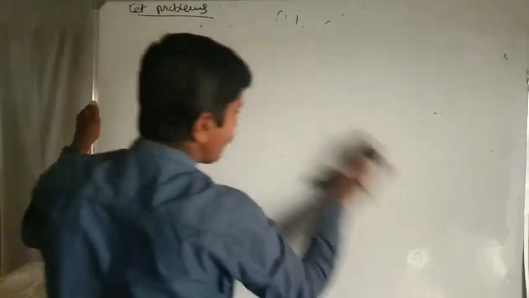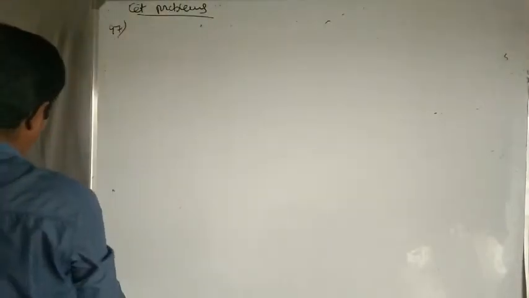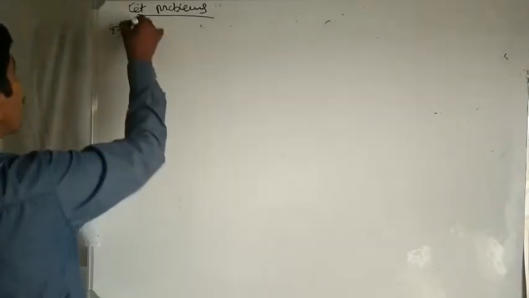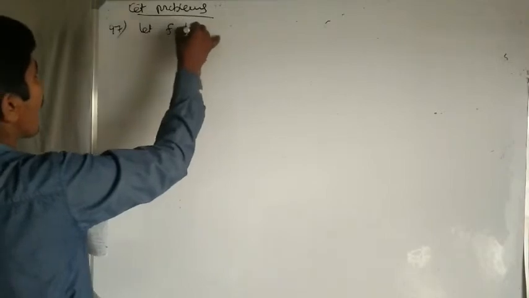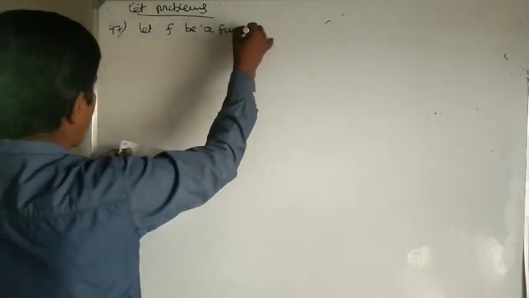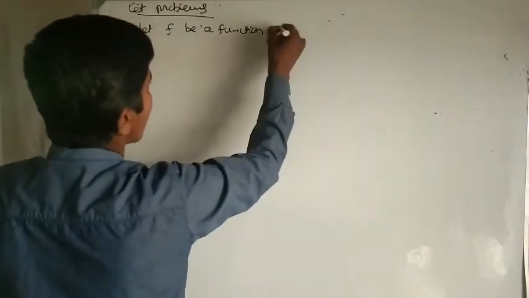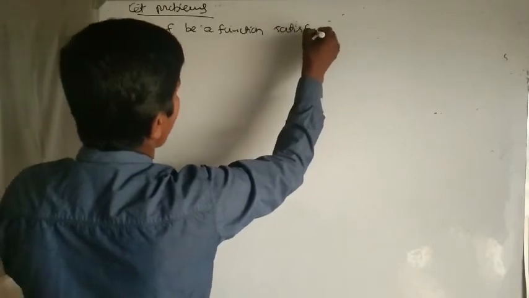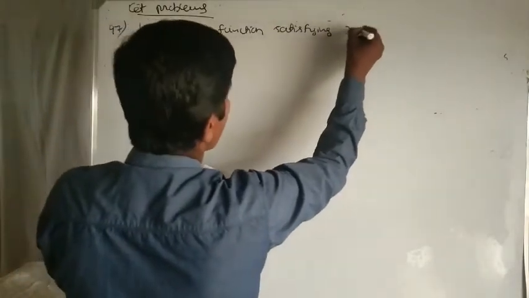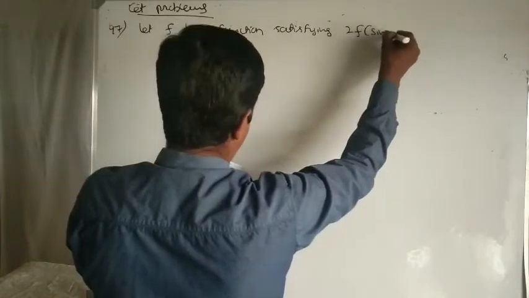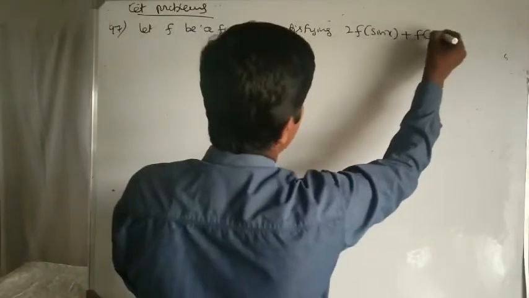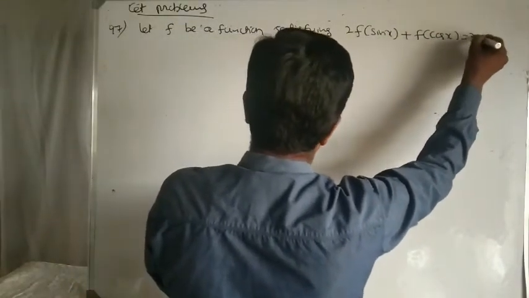So next, 97th problem. Let f be a function satisfying 2 f of sin x plus f of cos x equal to x.